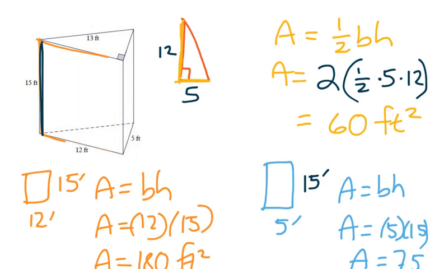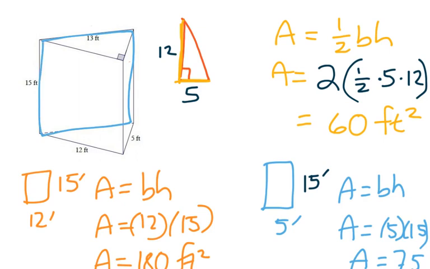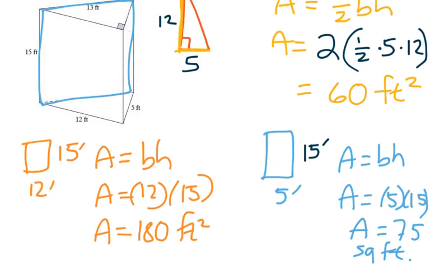So far I have found the area of the 2 triangles, those are the bases. I found the area of this front side, I found the area over here, but what's missing is that back side. It looks like the back to us, right there. So for this one, we'll need to get the base and the height the same. It's still a rectangle, area equals base times height.